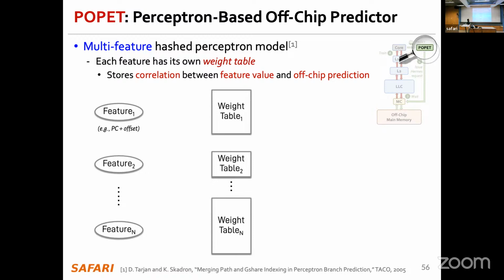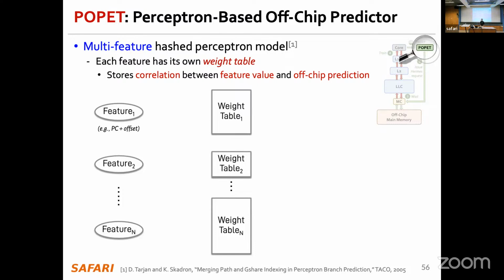For each feature, this model has its own weight table. You can think of these weight tables as the space that shows the correlation between the feature value and the off-chip prediction. Each individual weight can be, say, a 5-bit signed number, so it can go from -32 to +32.